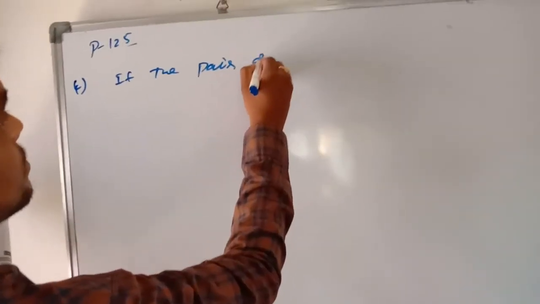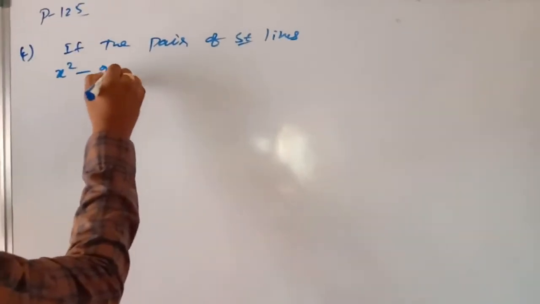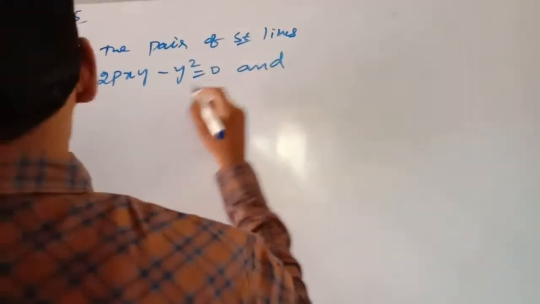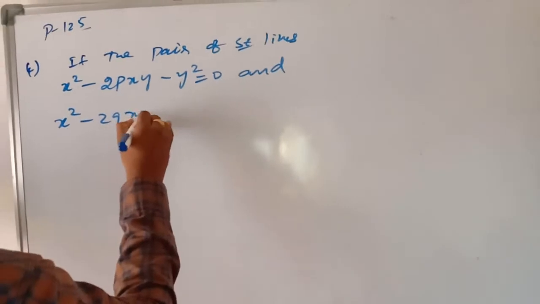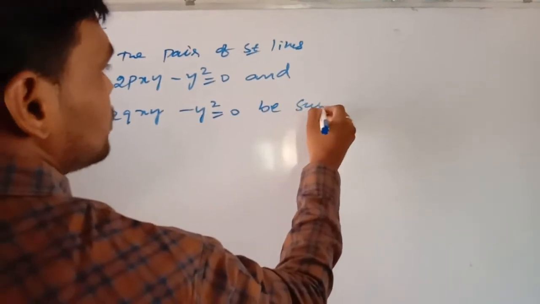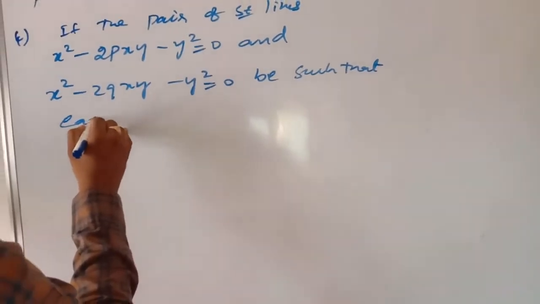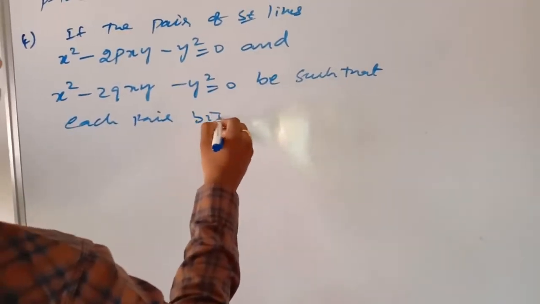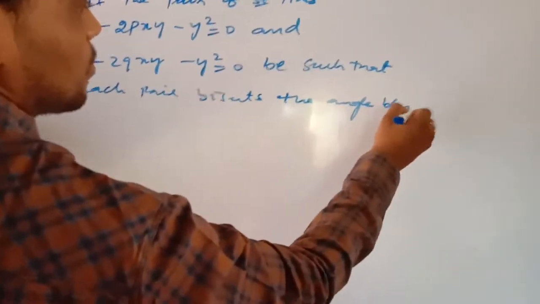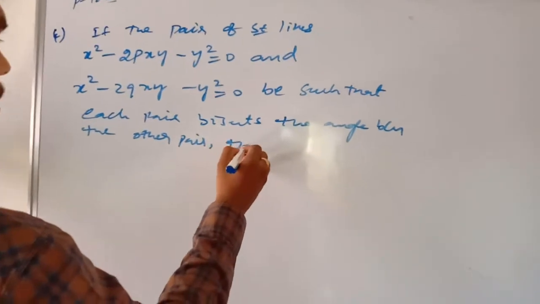A pair of straight lines x square minus 2pxy minus y square is equal to 0, and x square minus 2qxy minus y square is equal to 0 be such that each pair bisects the angle between the other pair, then.